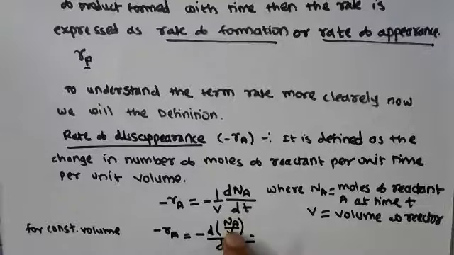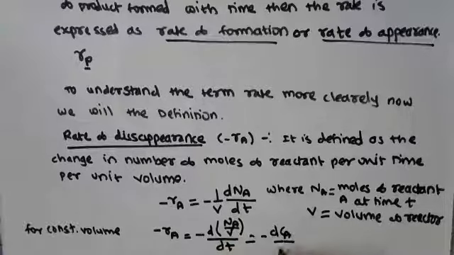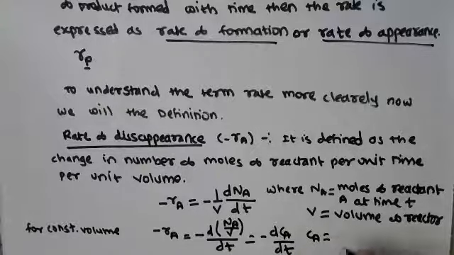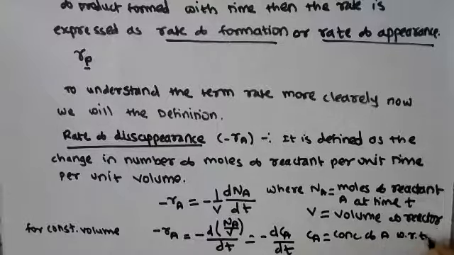So mole per unit volume is equal to concentration, and therefore this is equal to minus dCa by dt, where Ca is equal to concentration of A at time t. And Ca0 will be equal to concentration of A at time t is equal to 0.